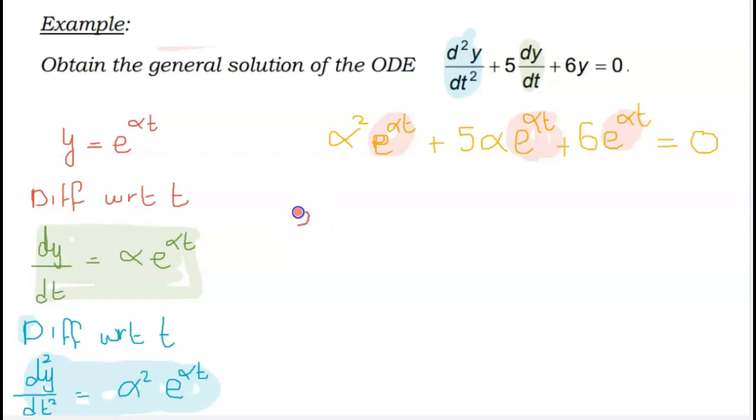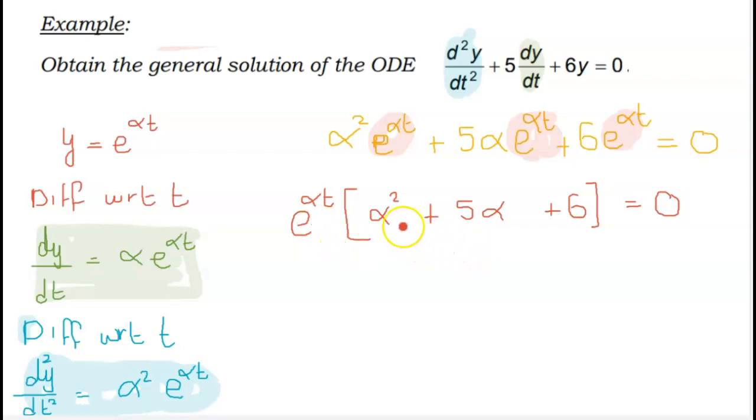So e to the alpha t common, and what's left? Alpha square is left, plus 5 alpha is left, plus 6 is left, equals 0. Now this is called factorization.